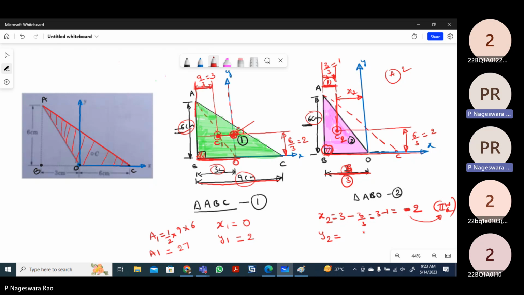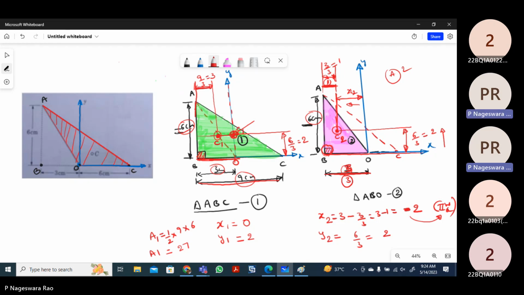The y2 coordinate will be, as per the formula, 6 by 3, which is 2. But the y coordinate in the second quadrant is positive, because this distance is in the positive y direction, whereas the x coordinate is in the negative direction. Hence we give a negative sign.